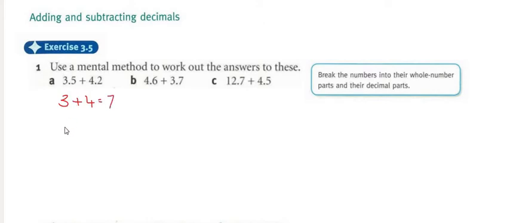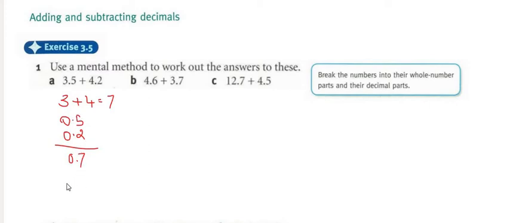And we take the decimal part, which is 0.5 and 0.2. When we add, we get 0.7. So we have separately added the whole number part and the decimal part.